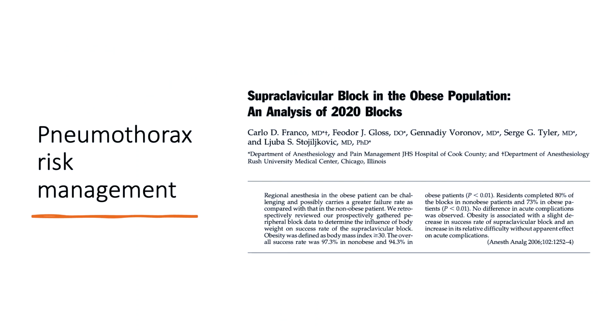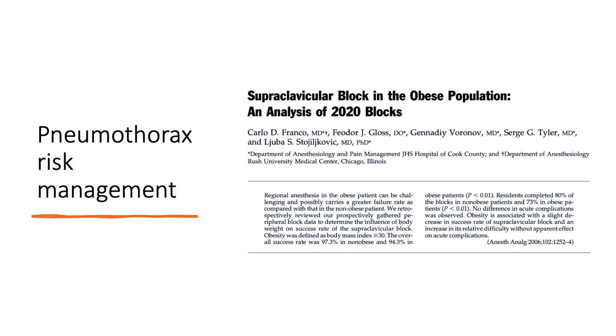This is, for instance, a publication of 2020 blocks that I did in 2006. So not a small publication, but in the beginning of my career, I was always determined to publish large numbers, because the most frequent criticism was, oh, the nerve stimulator hasn't been shown to be better than a landmark technique.